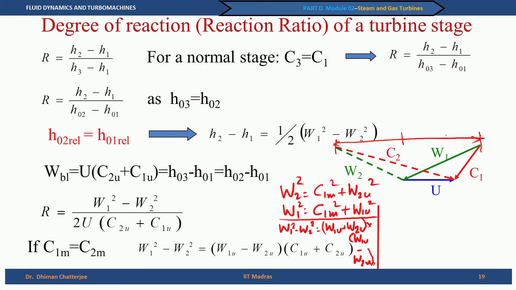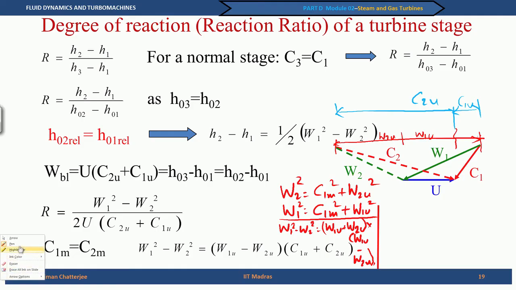You can alternatively think that this portion is C2u and this portion is C1u. You can say it either in terms of W2u and W1u, or in terms of C2u and C1u. So, I guess you now understand the reason behind this derivation.